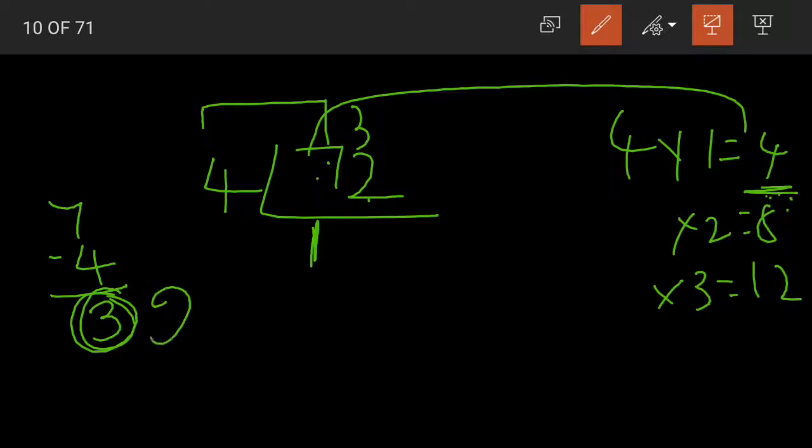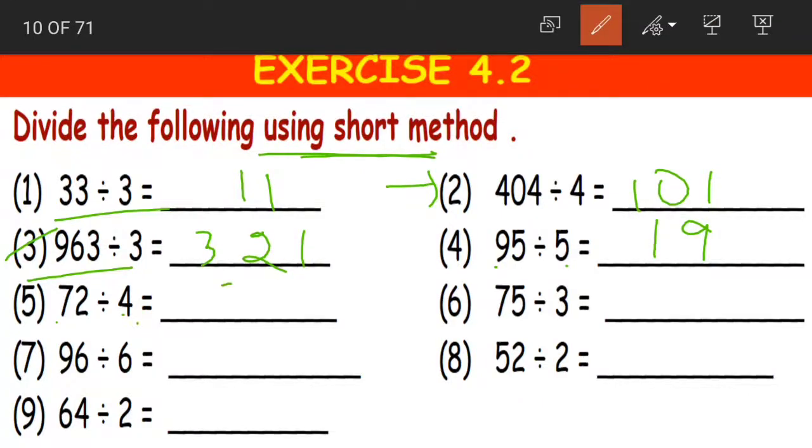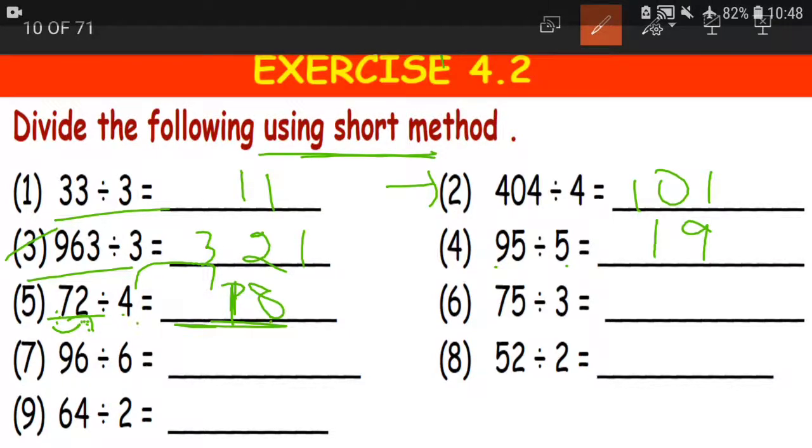So 2 here becomes 32. Now does 32 come in the fourth table? Yes. 4 8s are 32. So what is our answer? 18. 72 divided by 4 is 18.